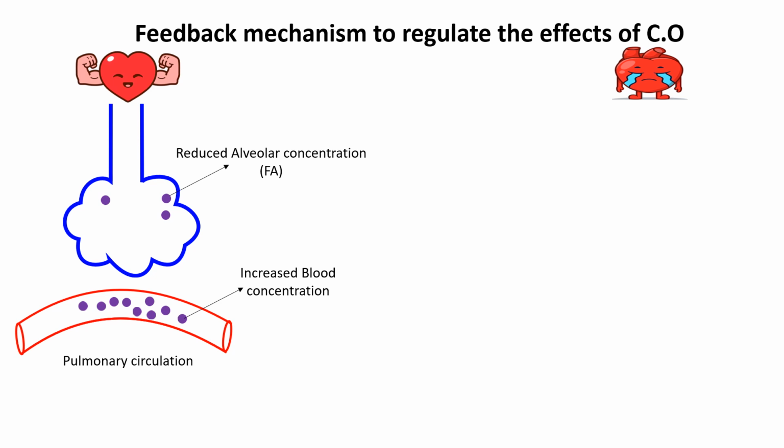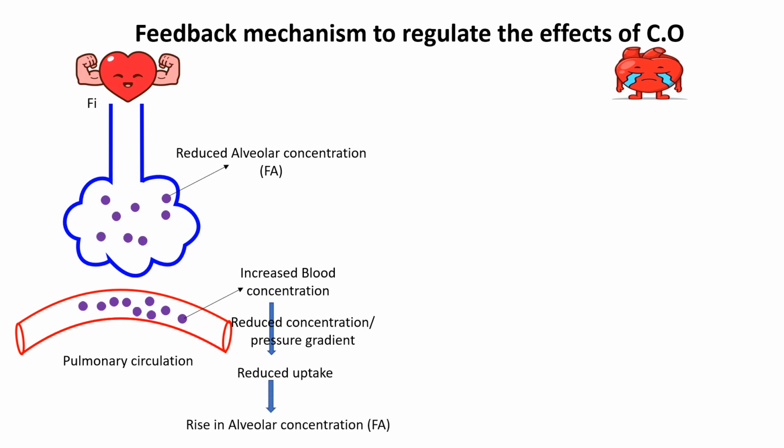This reduces the concentration gradient between the alveoli and the blood, slowing the rate at which the anesthetic moves from the alveoli to the blood and the brain. This feedback mechanism works to slow down further uptake of the anesthetic, allowing the alveolar partial pressure to rise as more anesthetics are delivered from inspired gas.